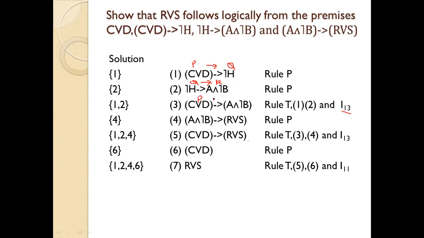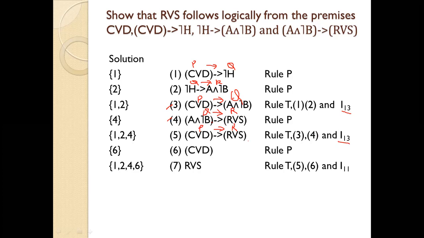P implies Q, this Q implies R, so here P implies R. So this is rule T where 3 and 4 are being used along with identity number 13.